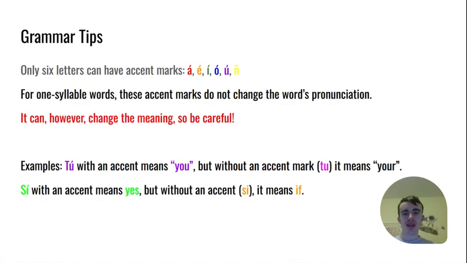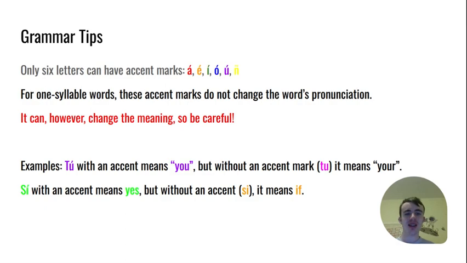Every time you do encounter an accent mark, remember it can only be on 6 letters: 5 vowels, A, E, I, O, U, and N. Unlike the 5 vowels, when the letter N has a tilde above it, it forms its own unique letter called eñe. This is also present in English loanwords like jalapeño, piñata, and let's see what other words. Yes, remember that it makes sort of an NY sound like in canyon.